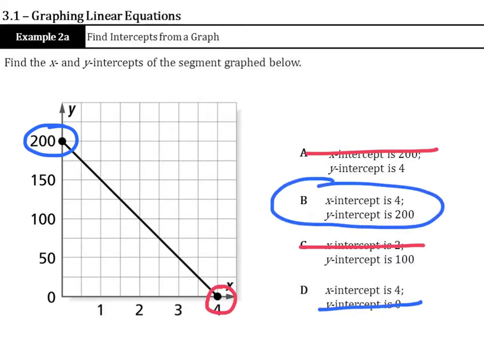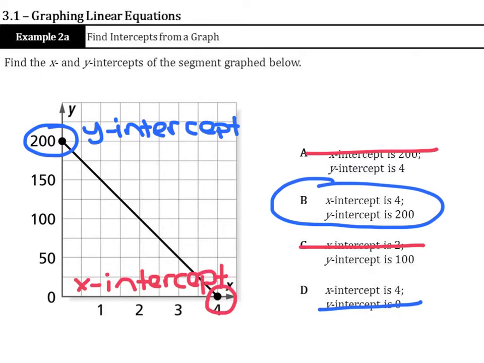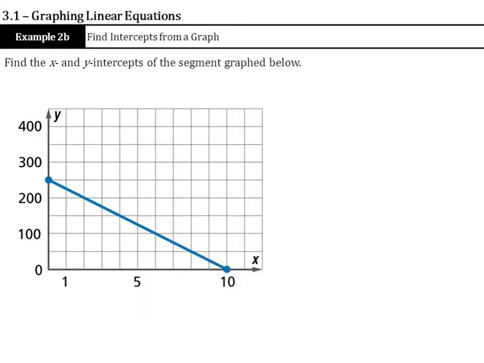So again, the y-intercept is where the graph crosses the y-axis, and the x-intercept is where the graph crosses the x-axis. If we look at this, to determine the axes, it's either here or here, and we'll start with our x-intercept.